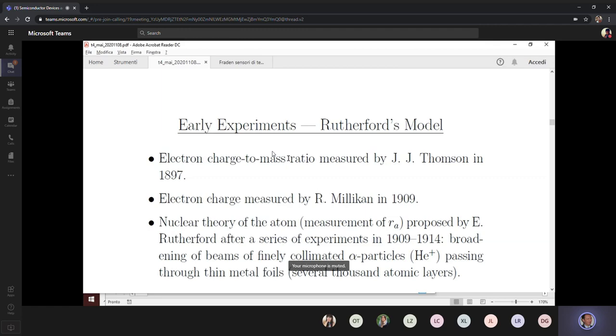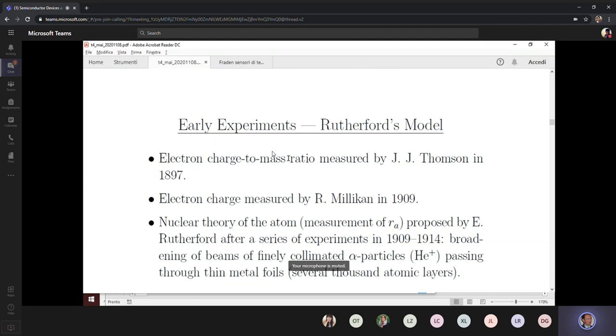And a few years later, they were able to measure independently the charge of the electron. That was done in 1909. And of course, by combining these two pieces of information, they were able to also deduce the mass of the electron.